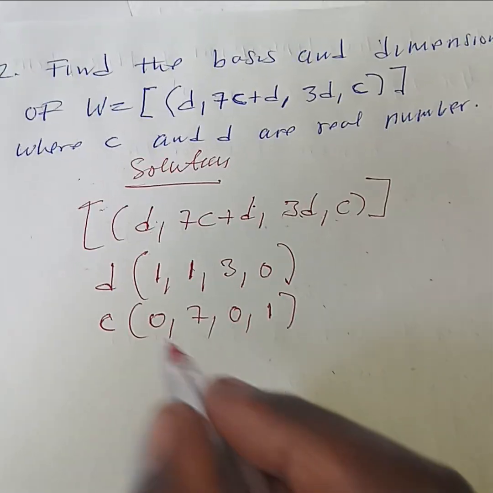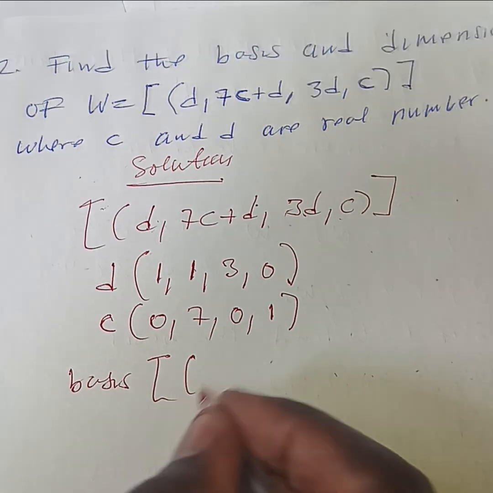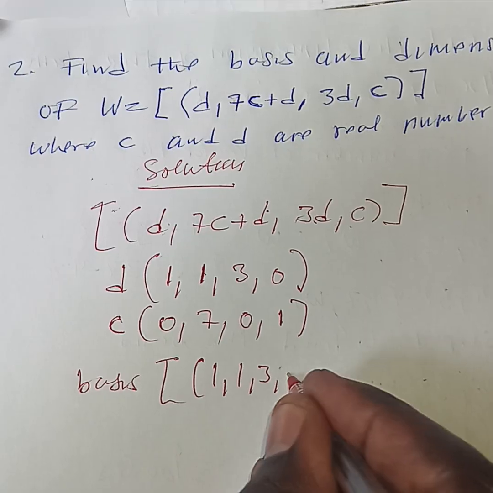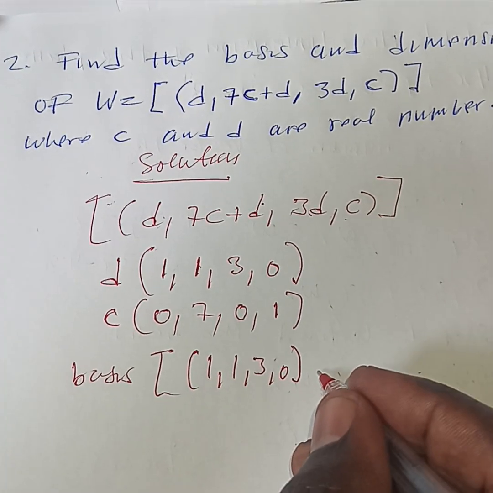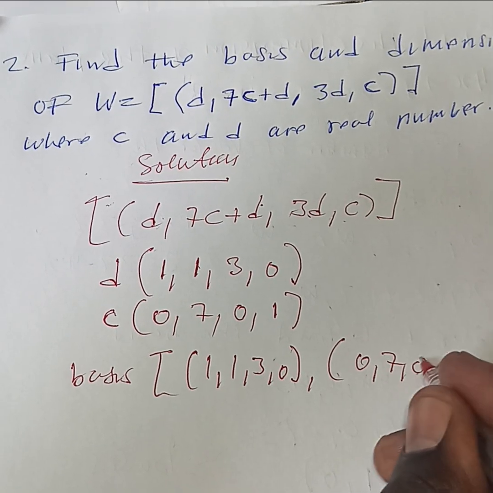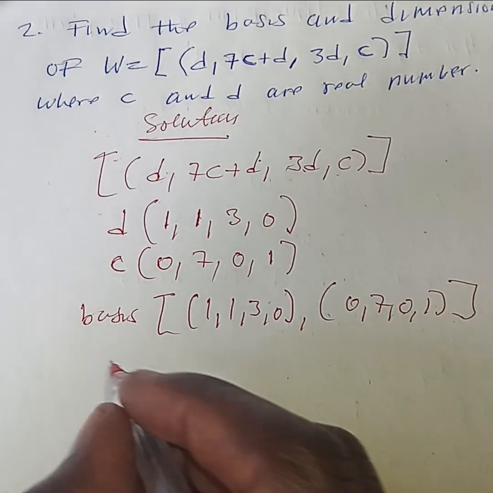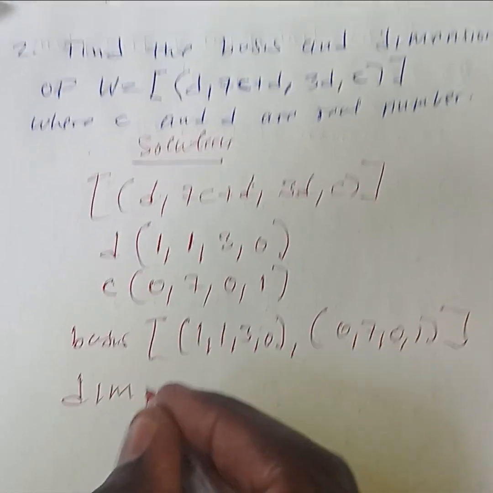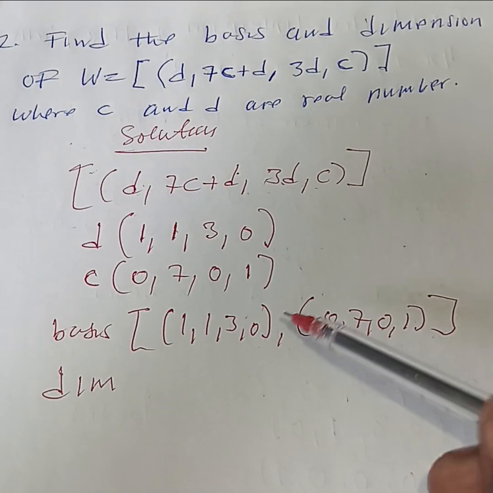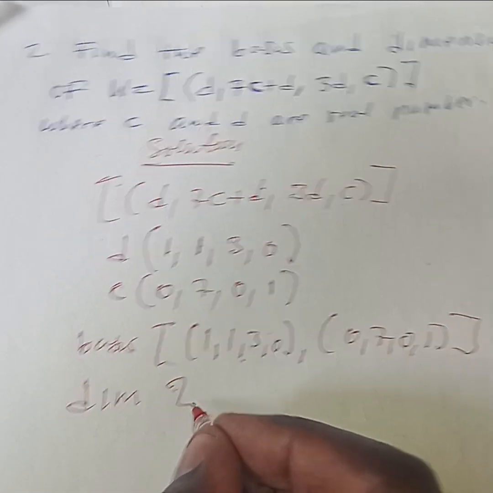So the bases are 1, 1, 3, 0 and 0, 7, 0, 1. The dimension is the number of vectors in a basis. We count 1, 2, so the dimension is 2.